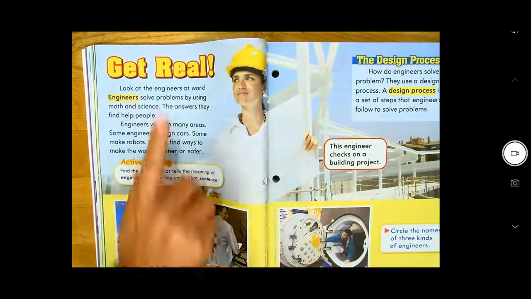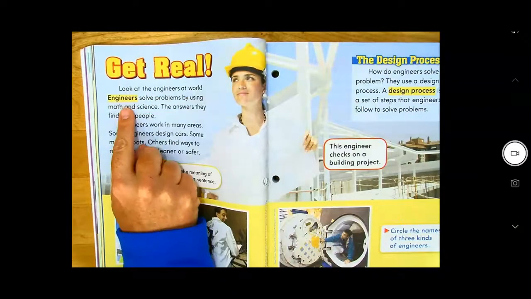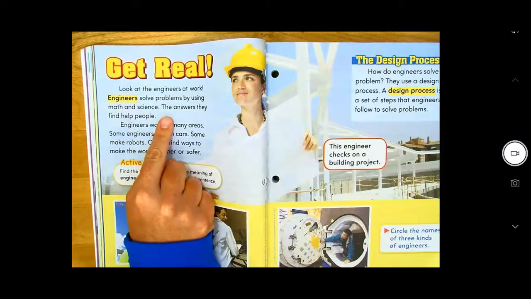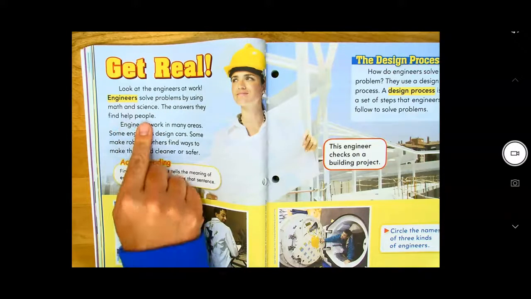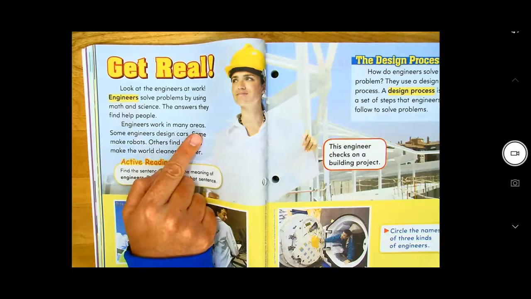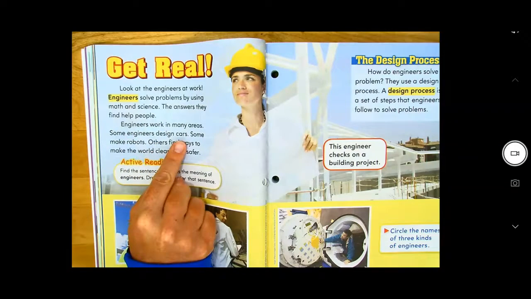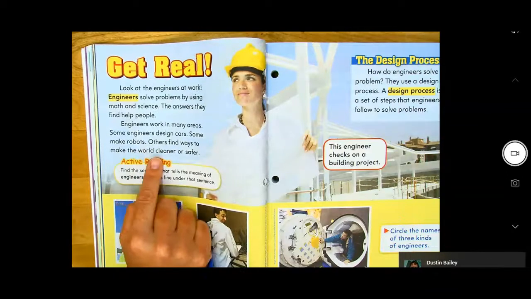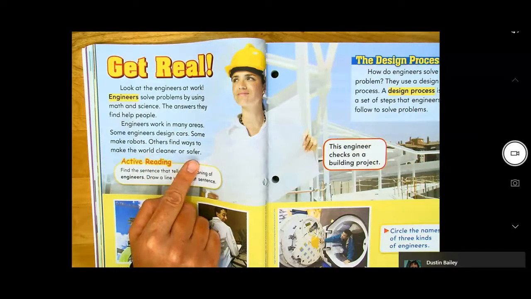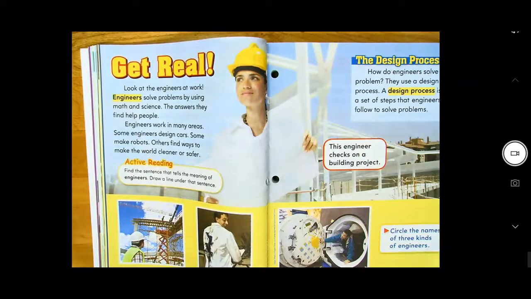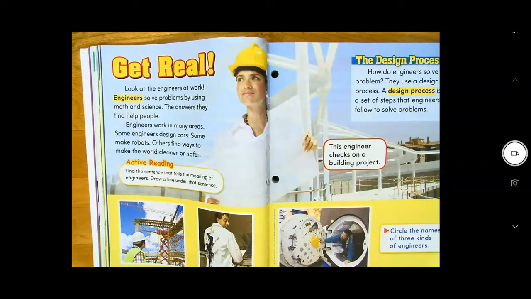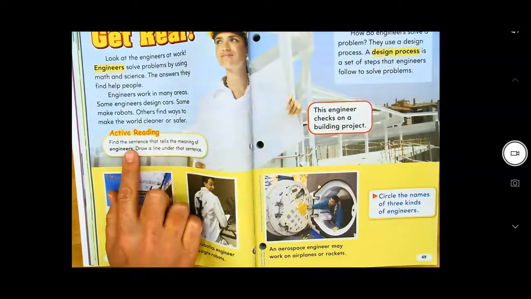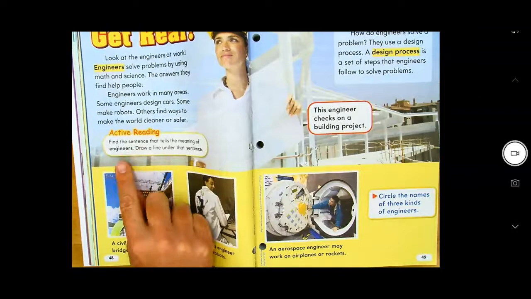Get real. Look at the engineers at work. Engineers solve problems by using math and science. The answers they find help people. Engineers work in many areas. Some engineers design cars. Some make robots. Others find ways to make the world cleaner and safer. Okay, so find the sentence that tells the meaning of engineers.